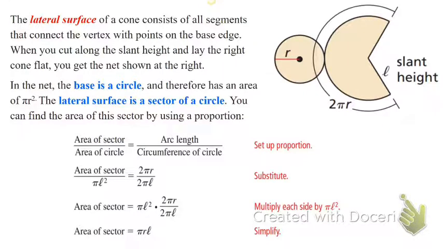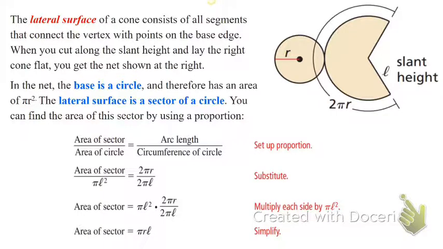You can see the circular base on the left that has the radius of the base as r, and the partial circle over on the right is what results when you lay flat the lateral part of the cone. And you can see here that that is a part of a circle. It's a sector, and its radius is actually the slant height of the cone.